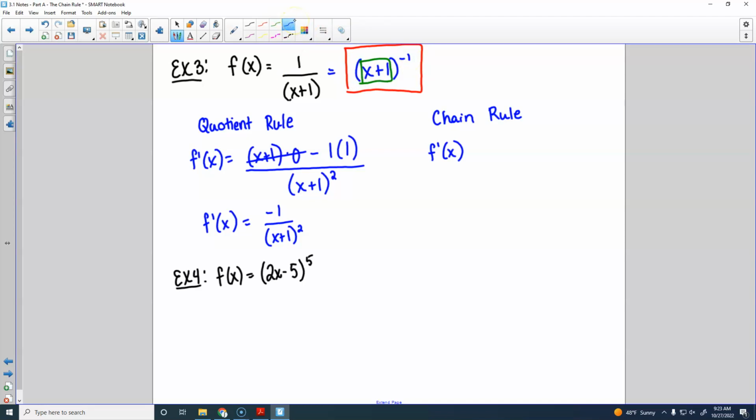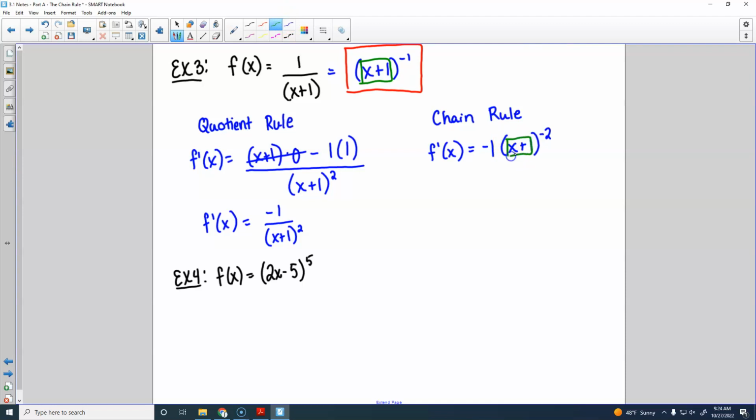So when I take the derivative here, it will be negative 1 times x plus 1 to the negative 2 power. And then that's just the derivative of the outside stuff.